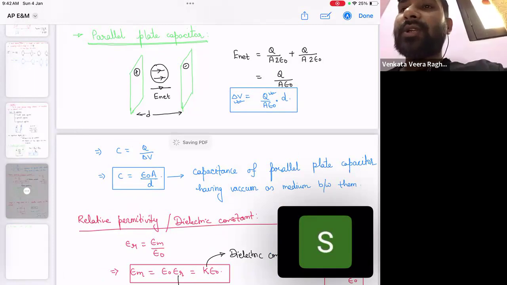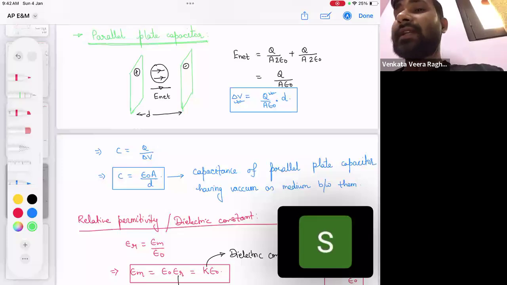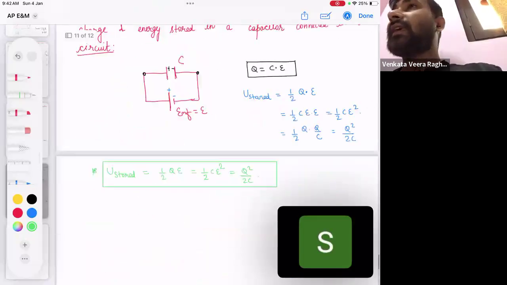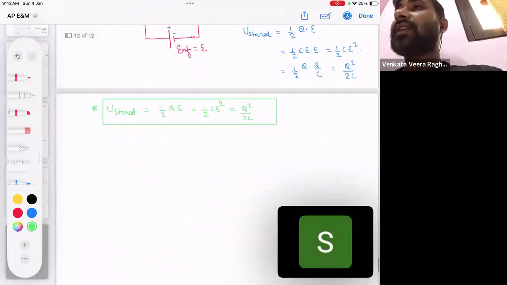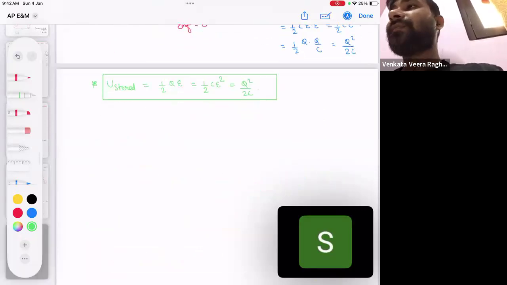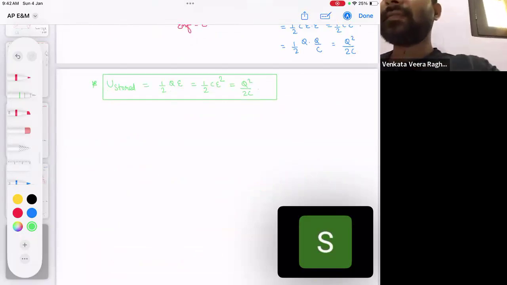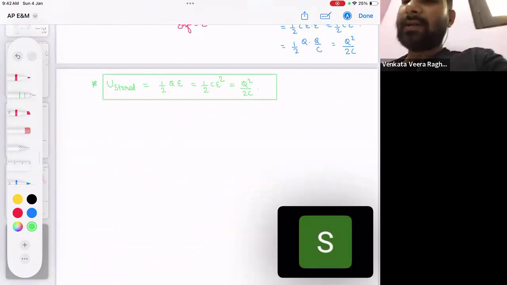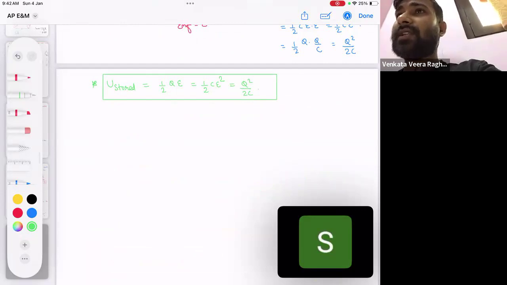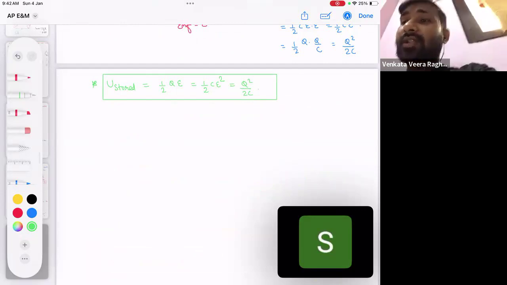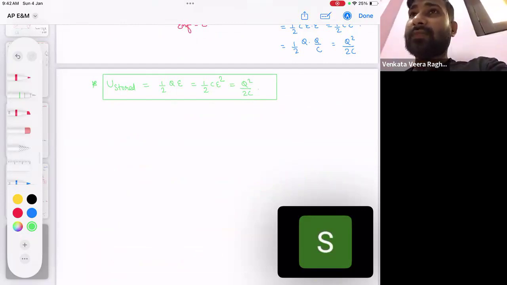And when we introduce a dielectric medium other than vacuum, it changes the capacitance. Does it increase the capacitance or decrease it? Whenever a medium other than vacuum is introduced between the plates of a capacitor, it always increases the capacitance of the system.